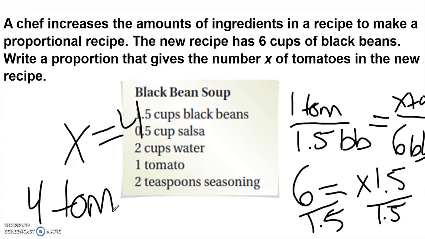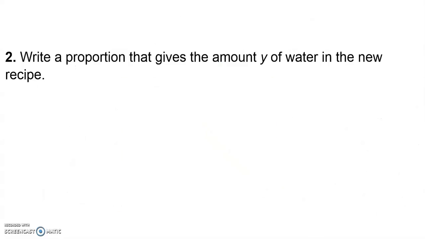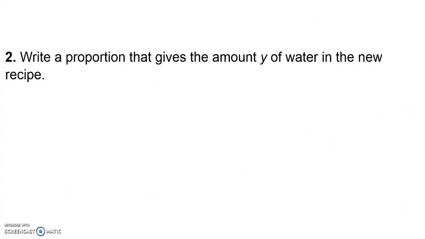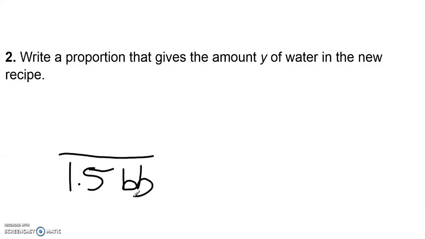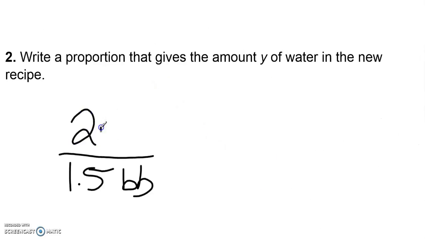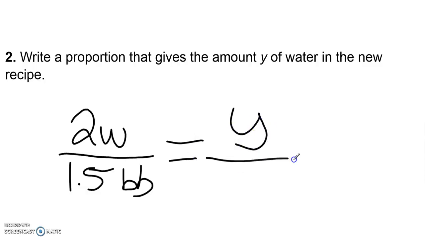Okay, so the next thing is write a proportion that gives the amount Y of water in the new recipe. So I'm going to use kind of the same type of setup. So if we had 1.5 black beans, and in the original one that means 2 cups of water, that's going to equal, we don't know, over the 6 black beans, okay?